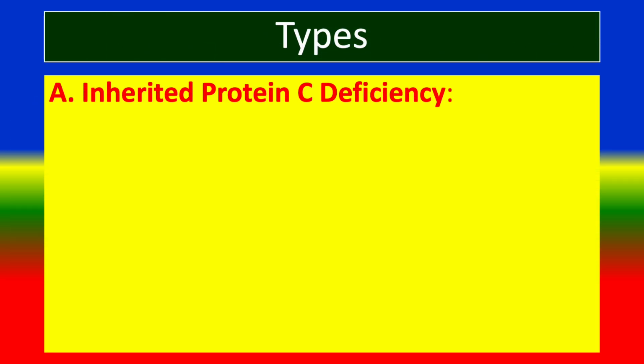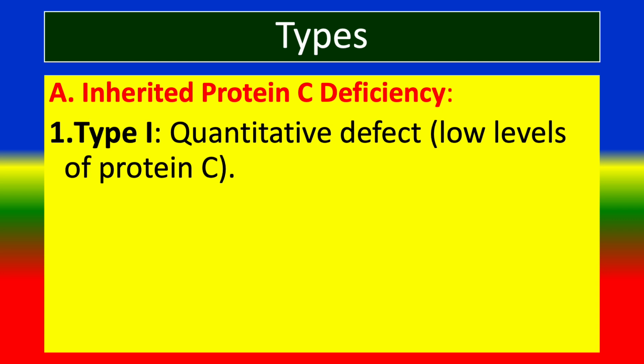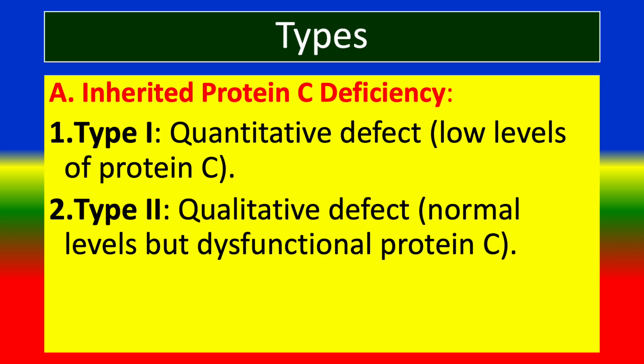Types. A. Inherited protein C deficiency. 1. Type 1. Quantitative defect. Low levels of protein C. 2. Type 2. Qualitative defects.